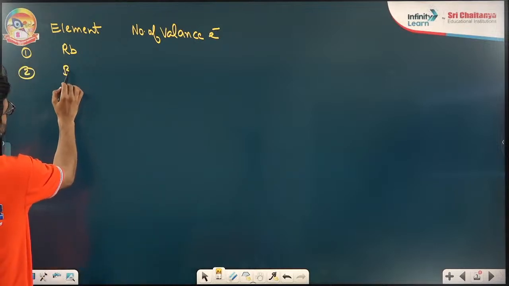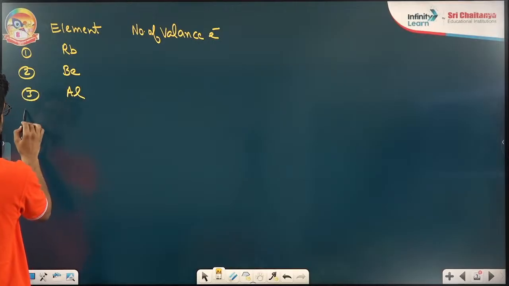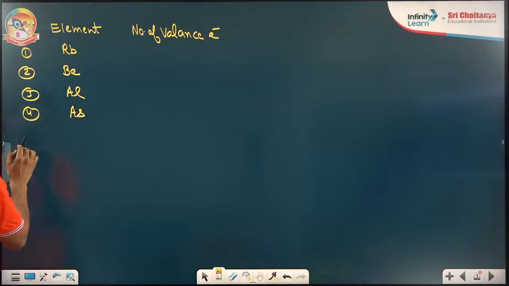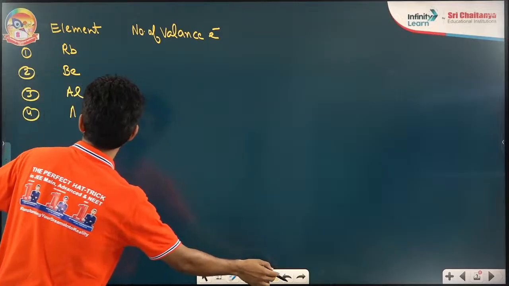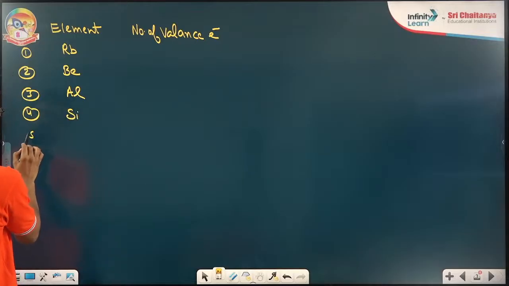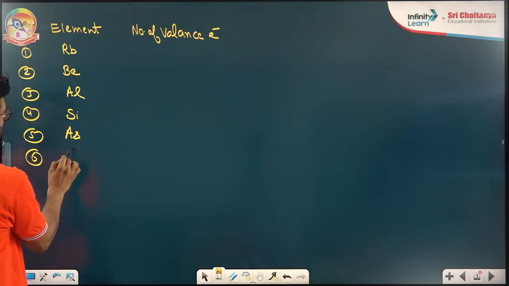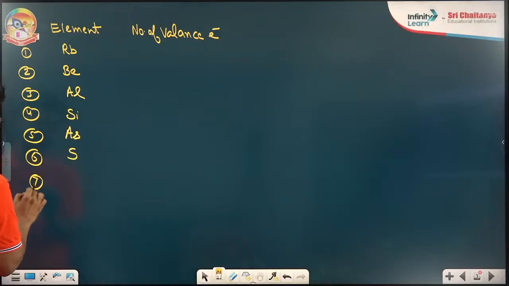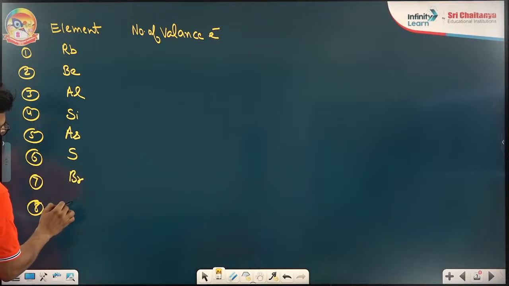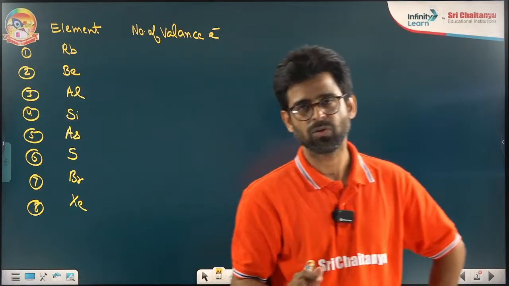Next I'm taking beryllium. Third, aluminium. Then silicon, and arsenic, and here sulfur, beta. I'm taking bromine, right? And imagine I'm talking about xenon, right? Tell me the number of valence electrons.